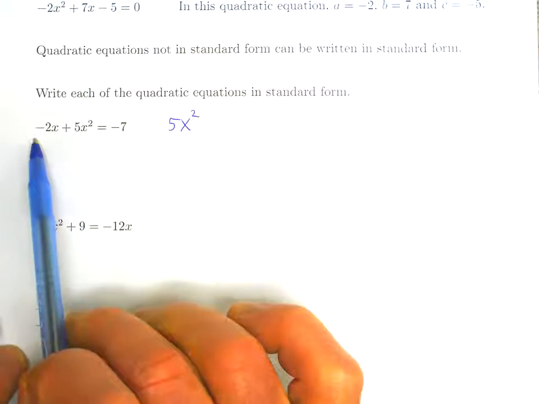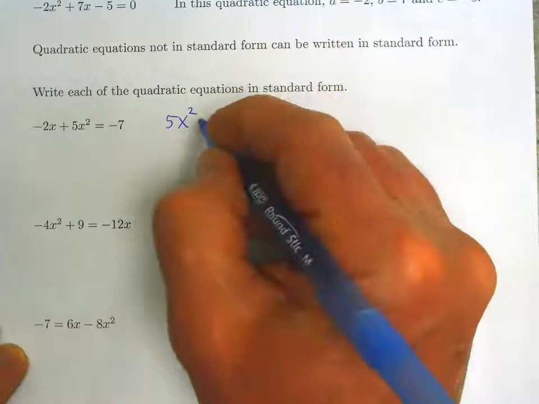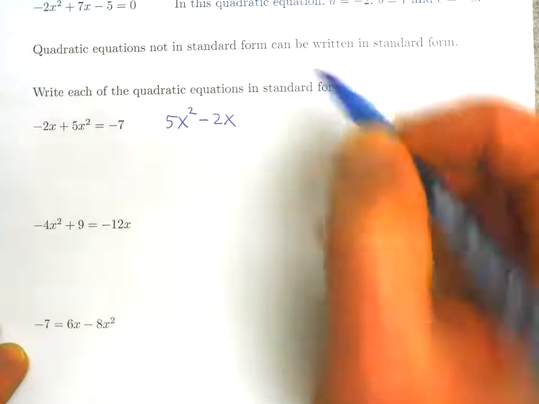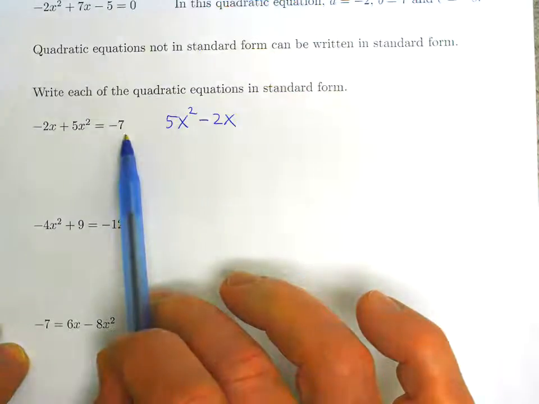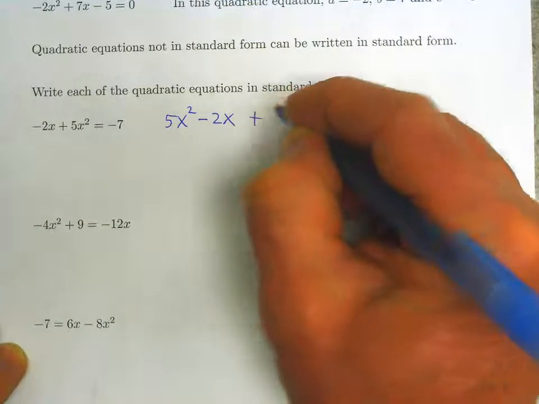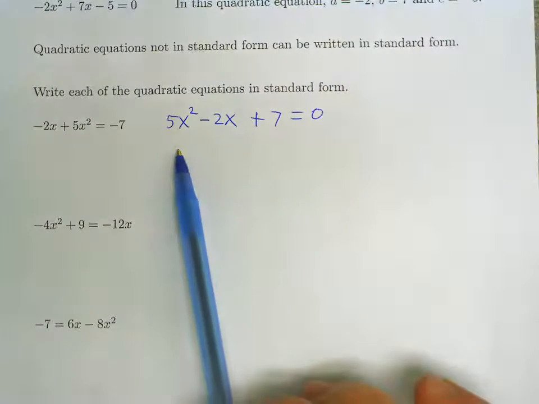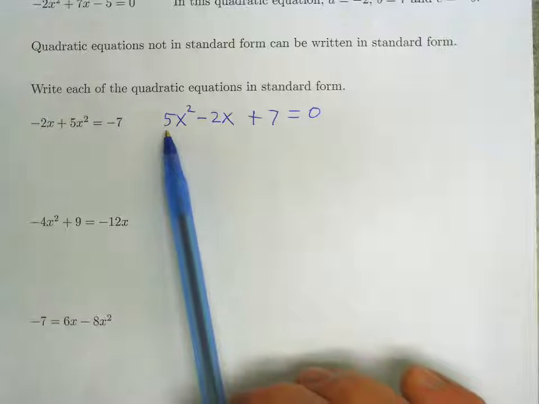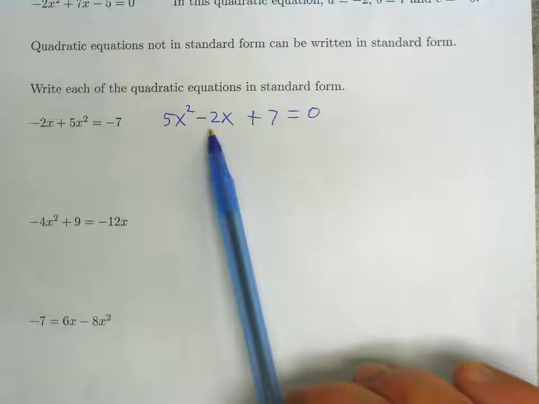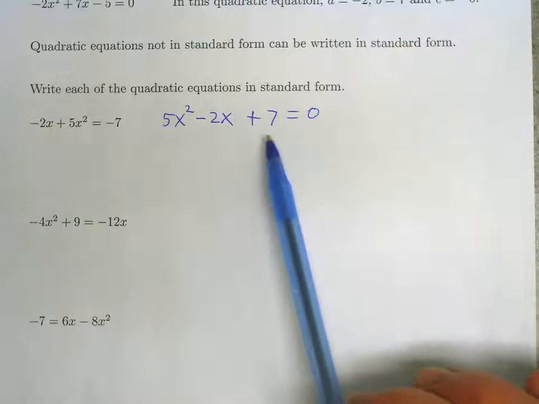Then instead of negative 2x, we're going to subtract 2x right after 5x squared. And then we're going to add 7 to both sides so that the right-hand side is 0. So this is now in standard form.